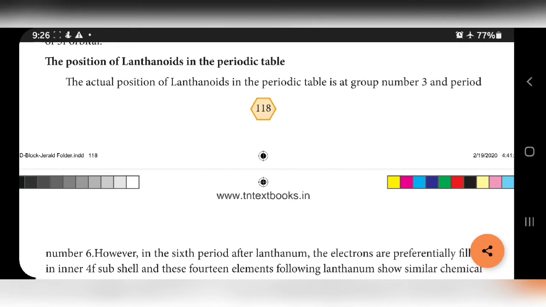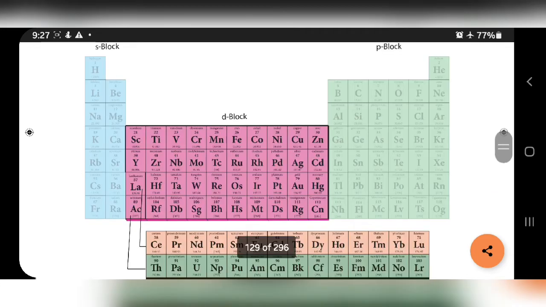Next heading, position of lanthanides in the periodic table. The actual position of lanthanoids in the periodic table is group number 3 and period number 6. This is the first group, the second group and the third group.